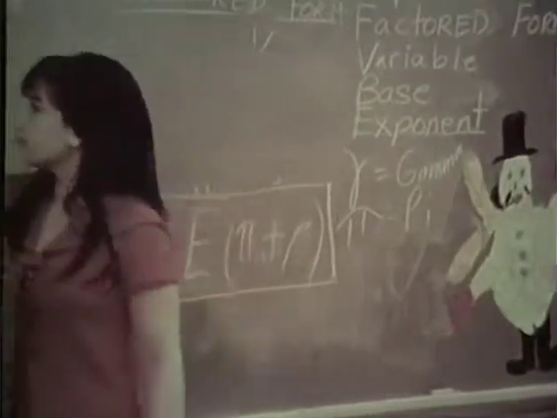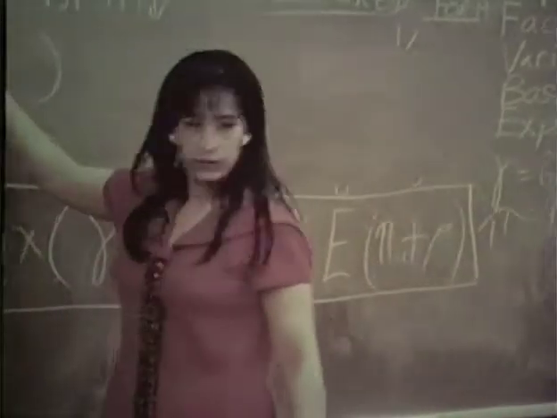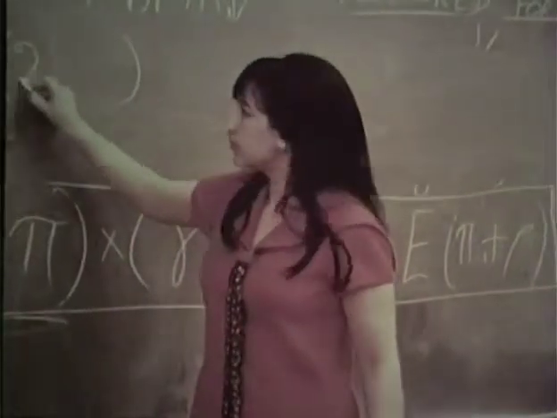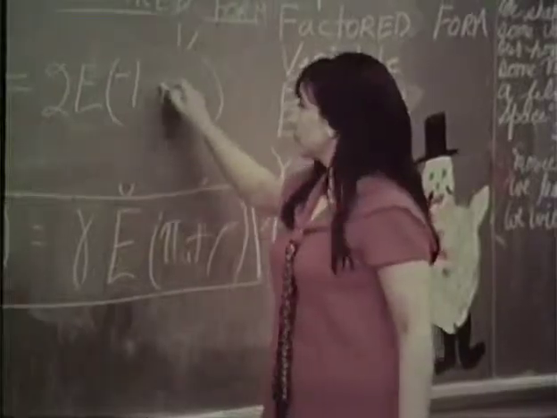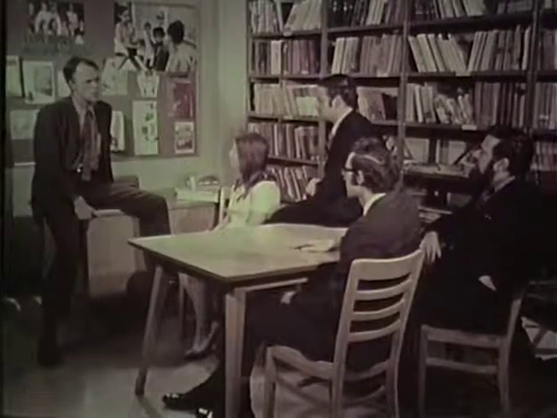Gerard? Quantity 2 exponentiation -1 times quantity 2 exponentiation 1 equals 2 exponentiation quantity -1 plus 1.